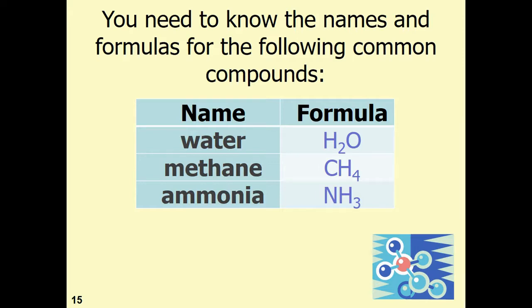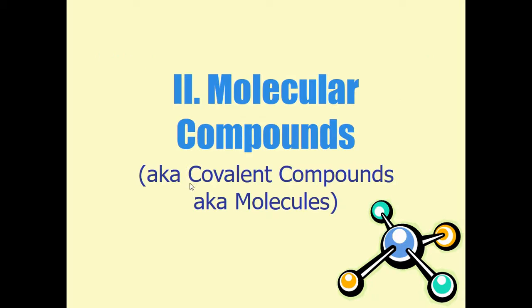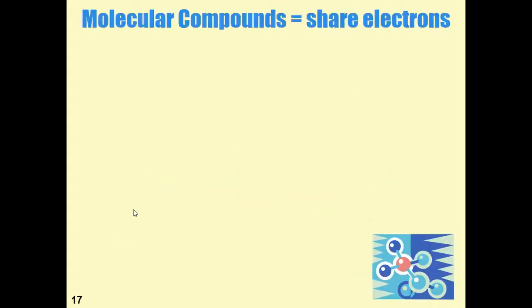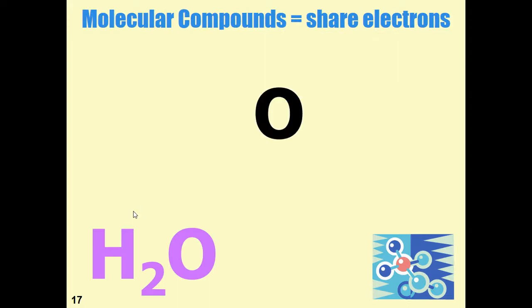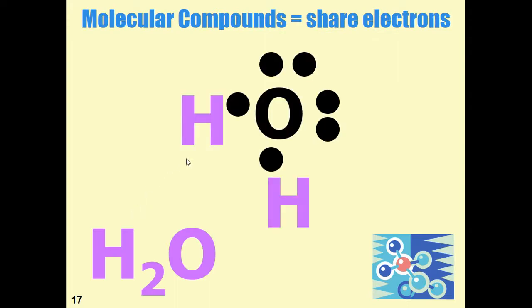So let's talk about naming molecular compounds. In other words, naming molecules, naming covalent compounds. So I'll just remind you what a covalent compound looks like. Water is a covalent compound. You have electrons shared between your elements. So you form a bond with a shared electron.